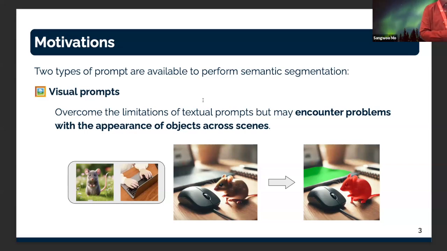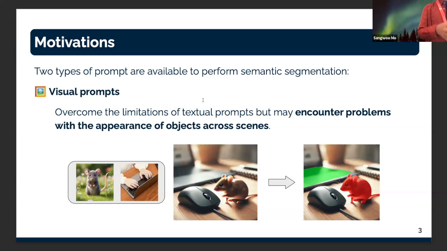As you can see here, telling the model that we want to segment exactly the animal, the model segments the animal. But another problem with visual prompts is that they have problems with appearance. If you give the wrong visual prompt, the model does not understand quite well what to segment.